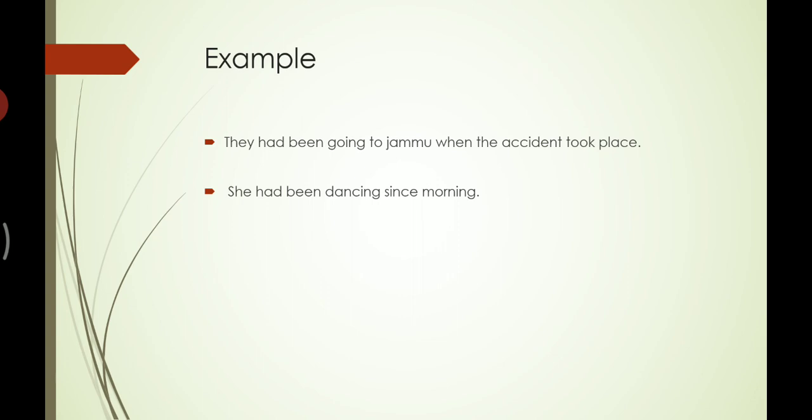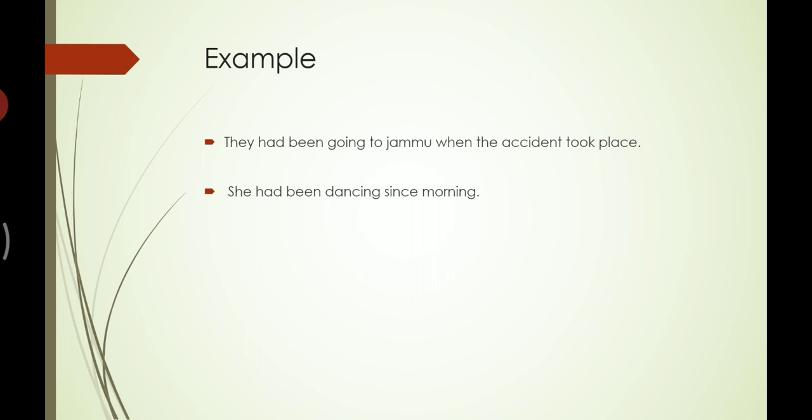Let's understand this structure with the help of some examples. They had been going to Jammu when the accident took place. She had been dancing since morning. Now look at the sentences carefully. They had been going to Jammu. The action was continuing in the past, not finished yet, when the accident took place. At some point in the past, an accident took place.